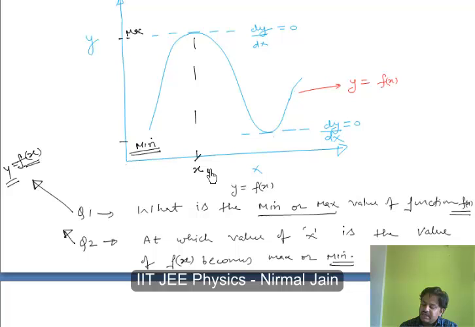So this is, let's say, x naught, and this is, let's say, x dash. So x naught is that value of x at which the value of function is maximum, and x dash is that value of x at which the function is minimum, right? So these two questions may be asked to us.